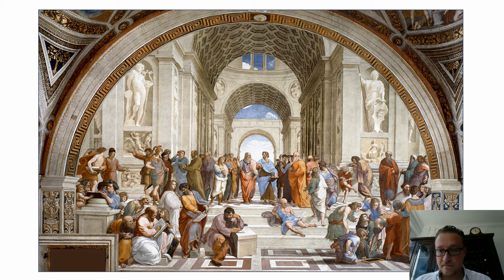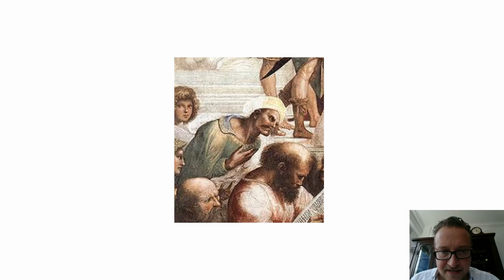Another superstar of the Golden Age of Islam is Ibn Rushd, better known as Averroes in its Latinized form. This picture here is the School of Athens, painted by Raphael, and he even made it into this group of selected philosophers. You see him in the mid left.